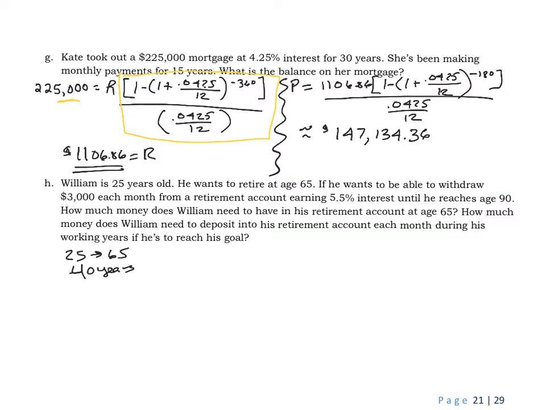If he wants to be able to withdraw $3,000 each month from a retirement account earning 5.5% interest until he reaches age 90, so we'll say this is a saving part, and then so he retires at 65 and he wants to be able to withdraw that till he's 90 years old. Well, that means he hopes to withdraw that amount for 25 years.